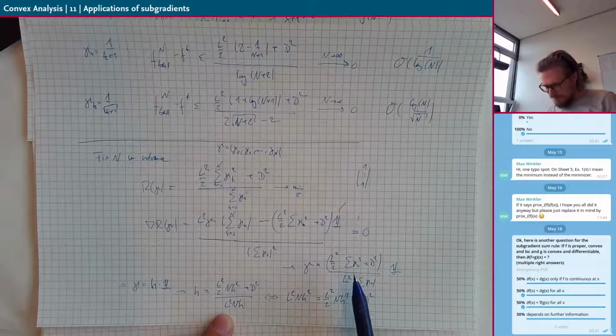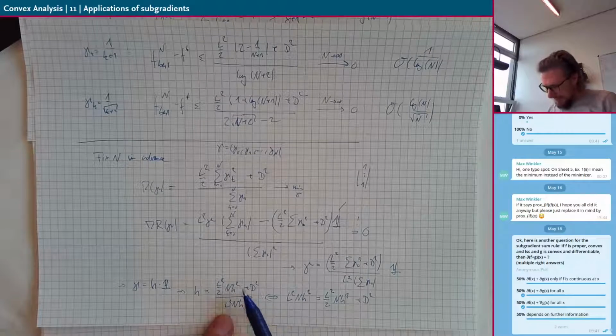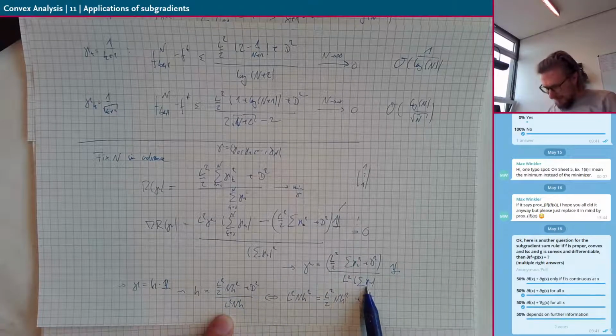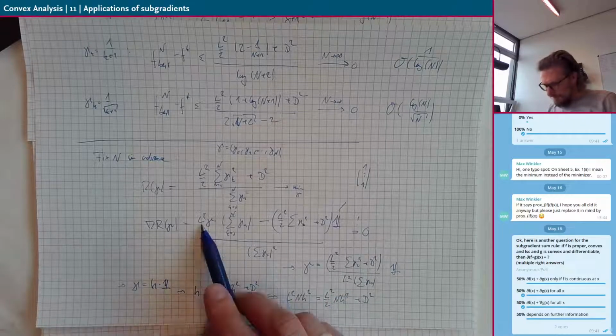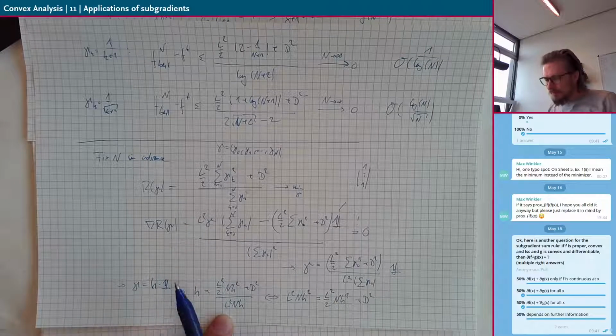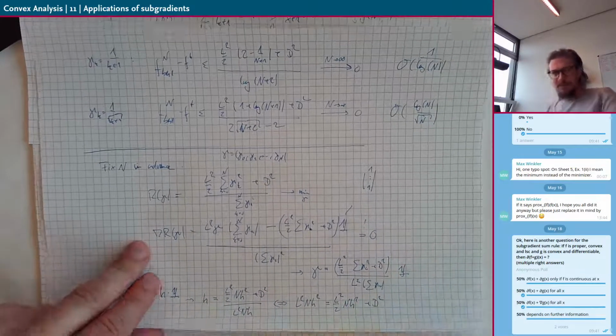Okay, let's double check. This is L squared over 2 times n, because this is n times h squared. That's n times h. L squared is still here. Where does this L squared come from? From there. This was this L squared. Okay, gamma. Let's see, gamma here. I think that's true.